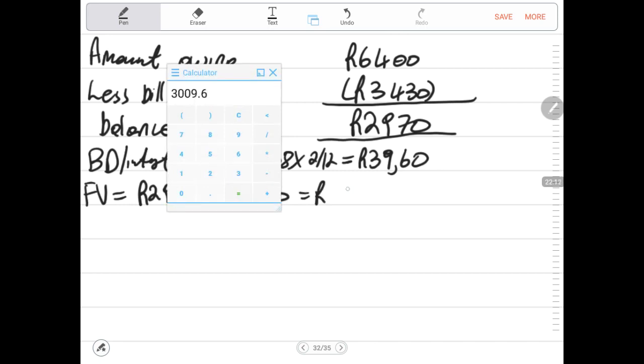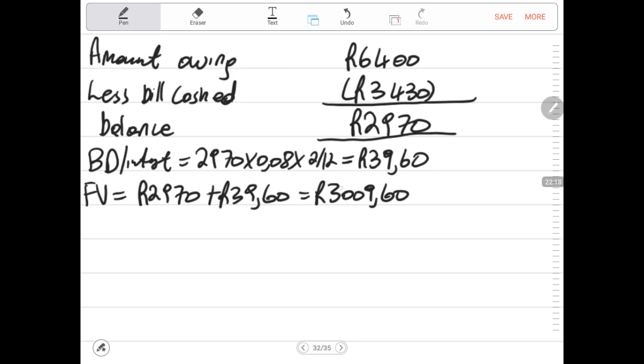This will give us 3,009 rand 60 cents. What does this mean? It means this person must accept a bill of 3,009 rand 60 cents so that he can discount it now.